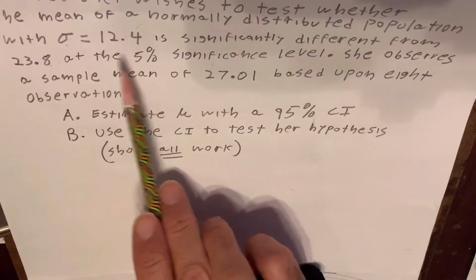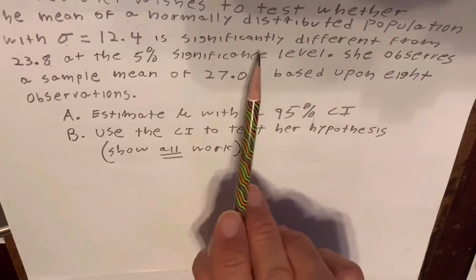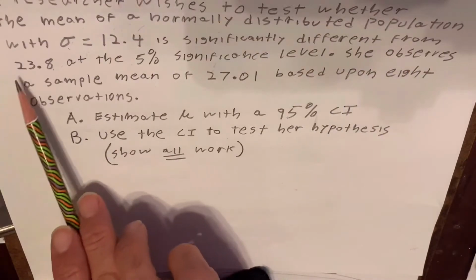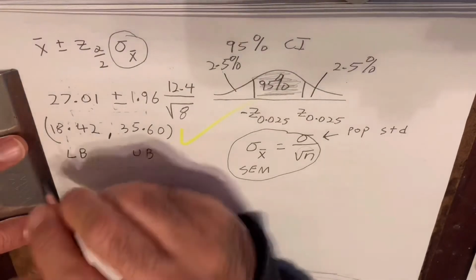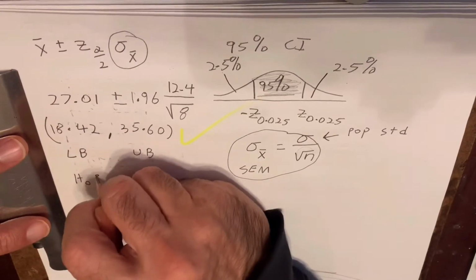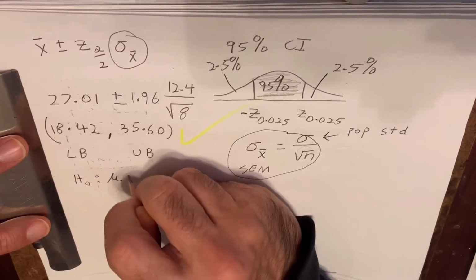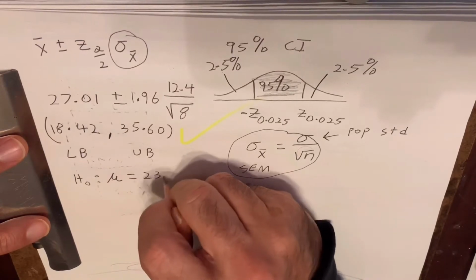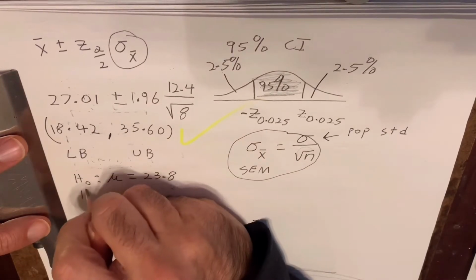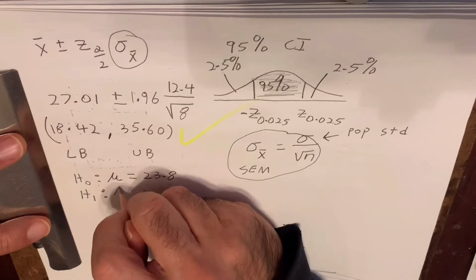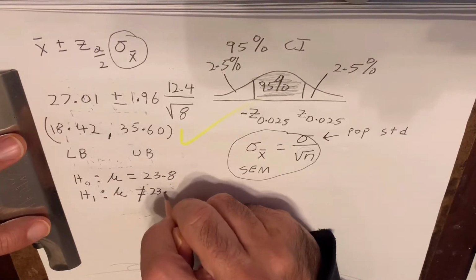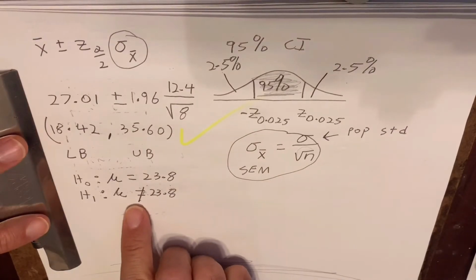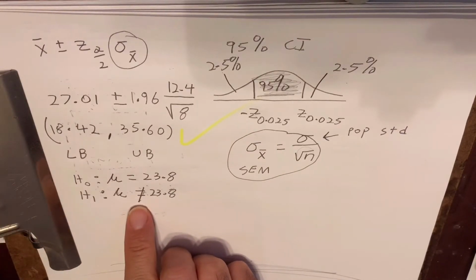So she wants to know if the population mean is significantly different from 23.8. Recall that our null hypothesis is that the population mean is equal to 23.8 against the alternative hypothesis that the mean is different than 23.8. And different than is the same thing as not equal to.